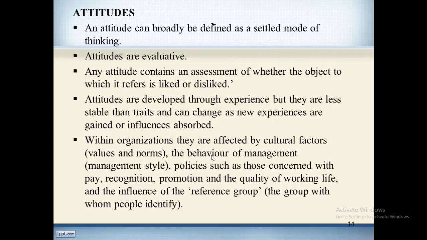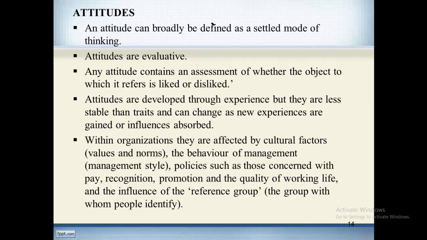The attitudes of the employees can be affected by the behavior of the management. If the behavior of the manager is very rough, definitely it will not bring a positive change in the attitude of the employee.